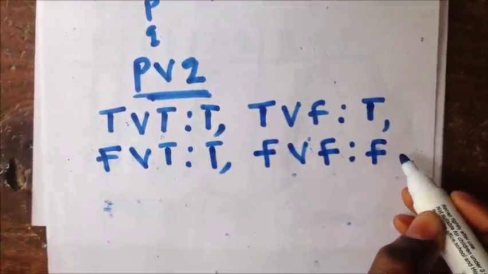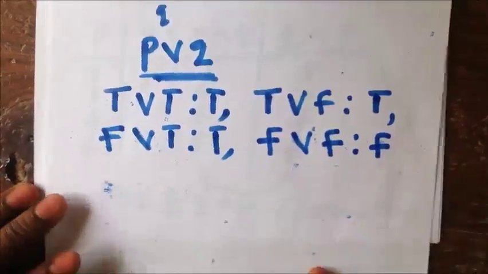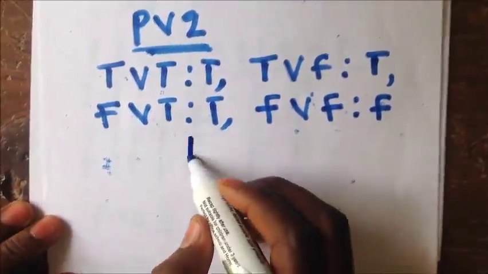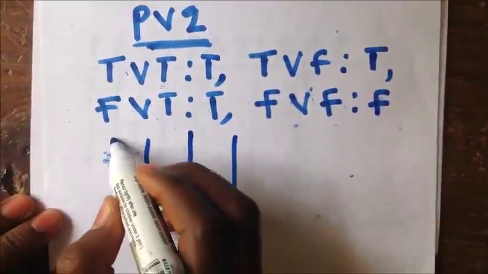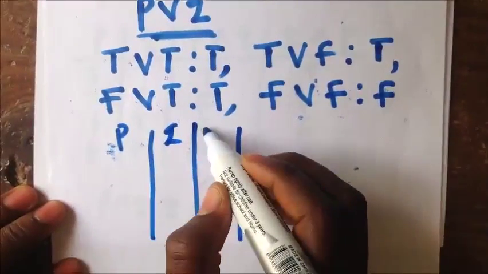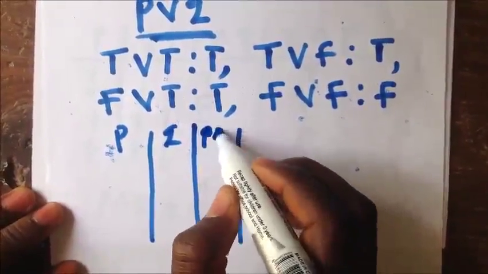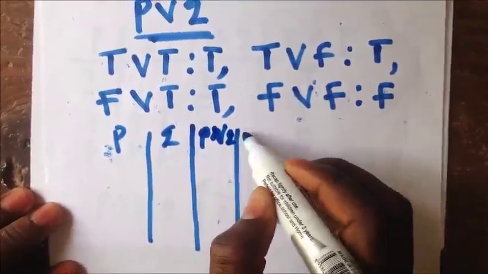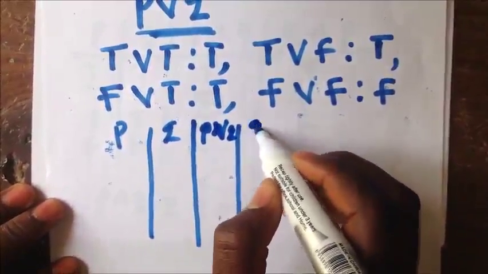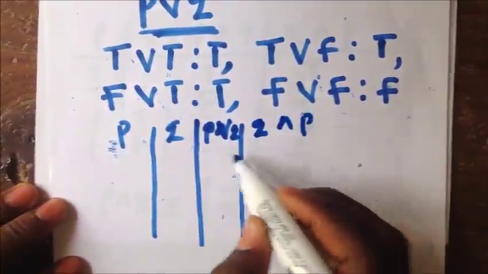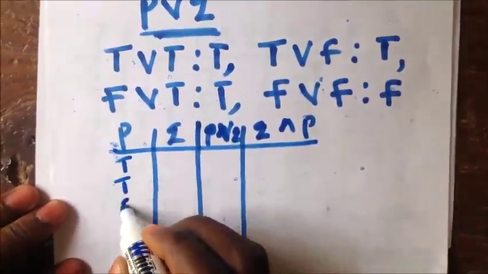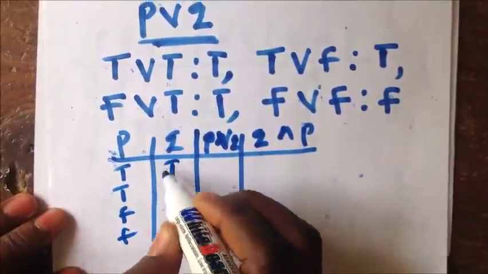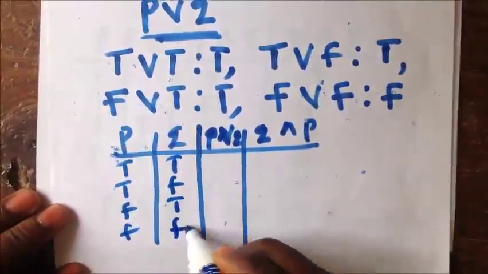That is the case of what is called disjunction. Now let's use a truth table to see how it works. Let's say we have P, Q, then P or Q, and Q or P. P is true, true, false, false, and Q is true, false, true, false.